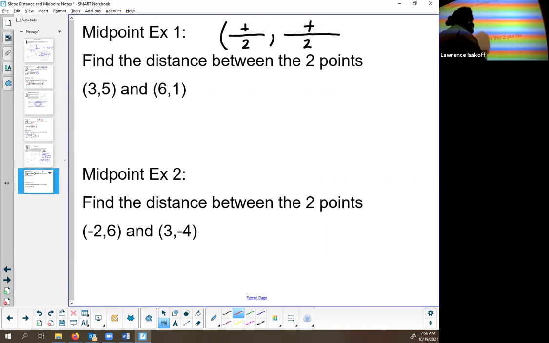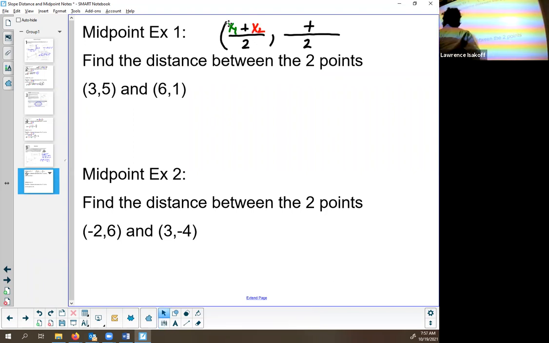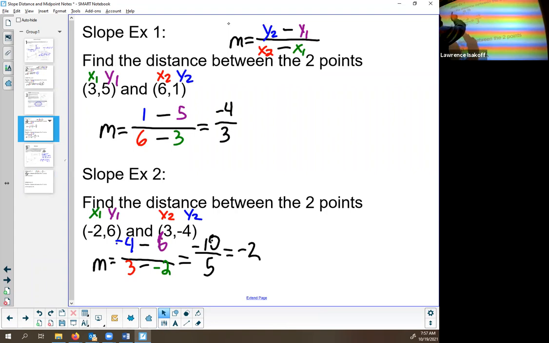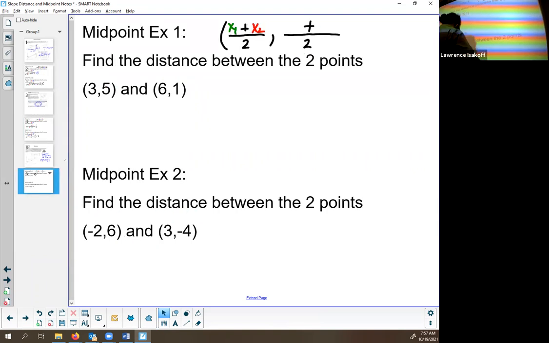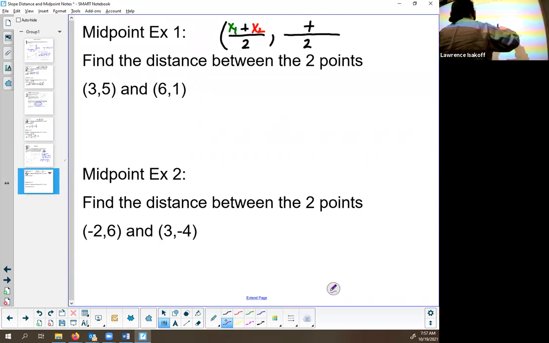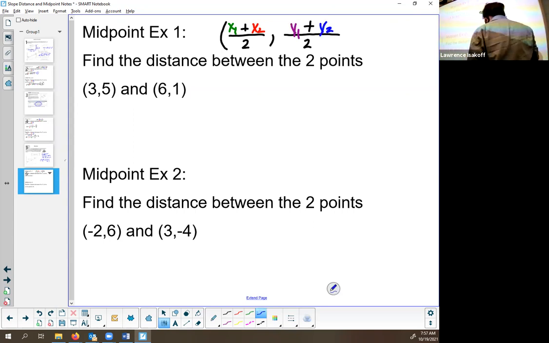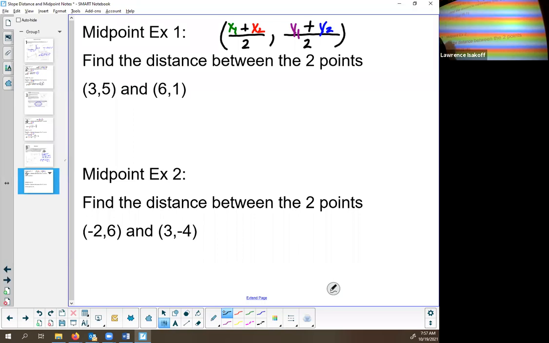Keeping my colors consistent. So x1 plus x2. And I should have purple and blue. Perfect. Then y1 and y2, close my parentheses. So I'm just going to do x first, then I'm going to do y.